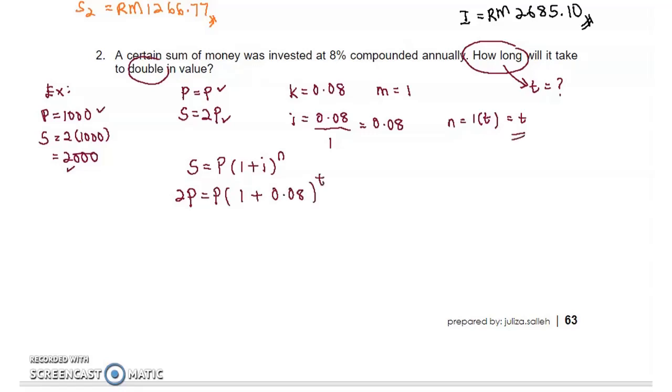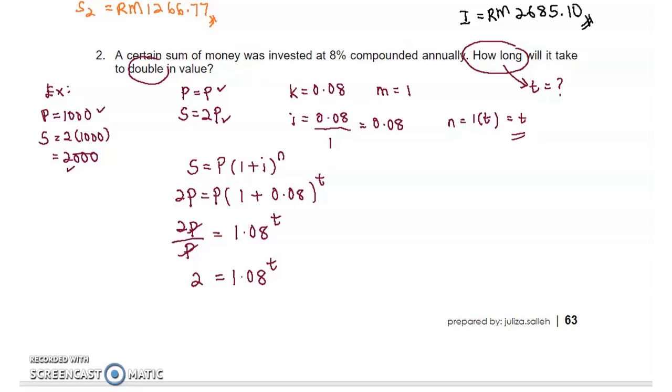Okay, divide both sides by P. So on the right hand side we have 1.08 power of t. P divided by P equal to 1. So here we get 2 equal to 1.08 power of t. Okay, t now is in terms of power.